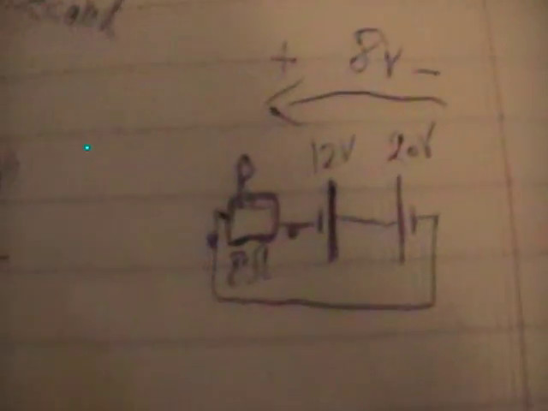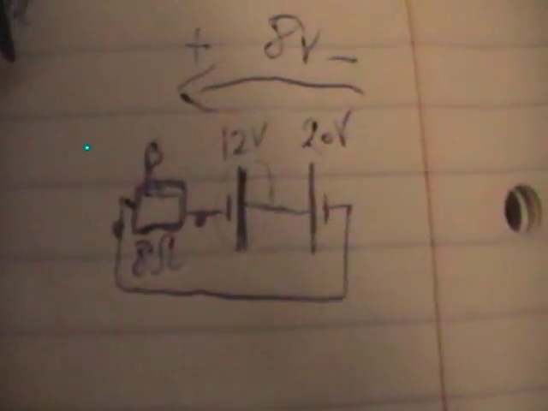But what happens if I produce inside the battery a higher voltage for a very short amount of time? For that certain amount of time, if I had 12 volts, now suddenly I have 50 volts.